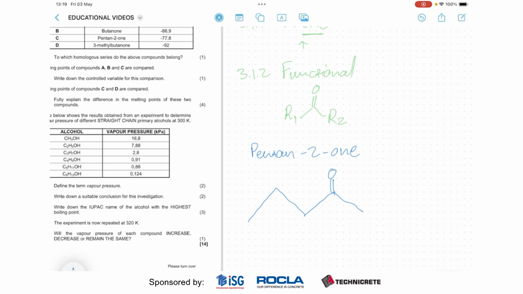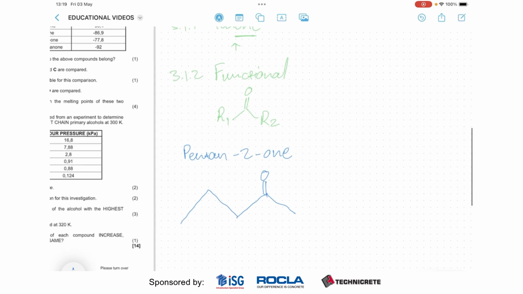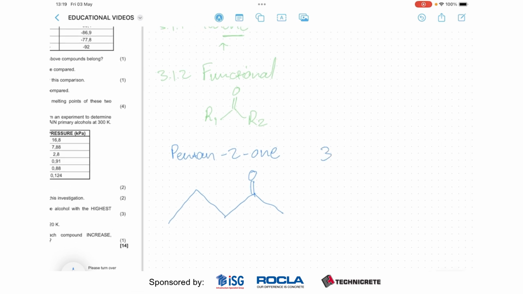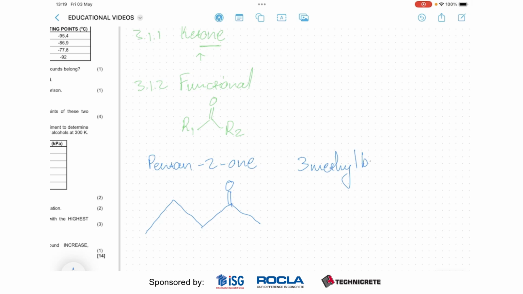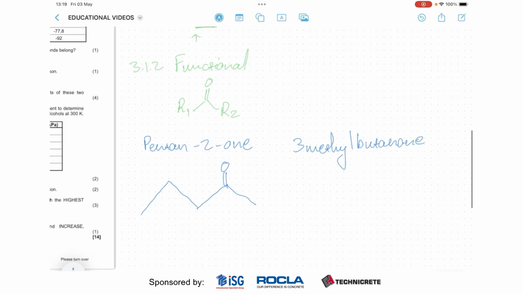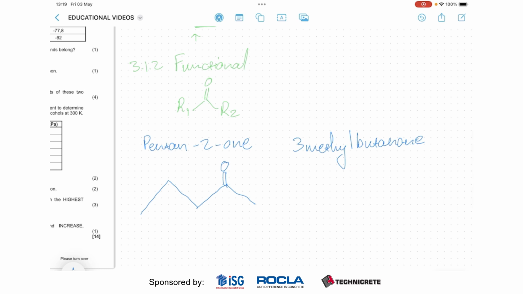Then our second one is 3-methylbutanone. We have butanone, so our stem is 4 carbons long, 1, 2, 3, 4. We actually drew an extra carbon, so let's get rid of this last one.